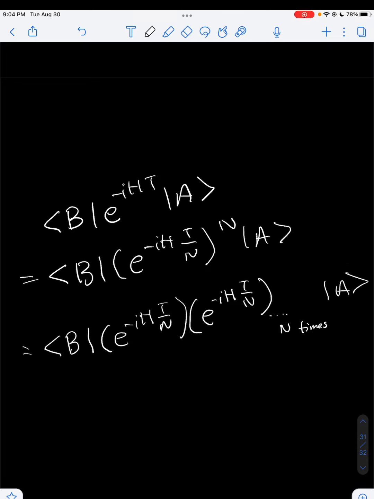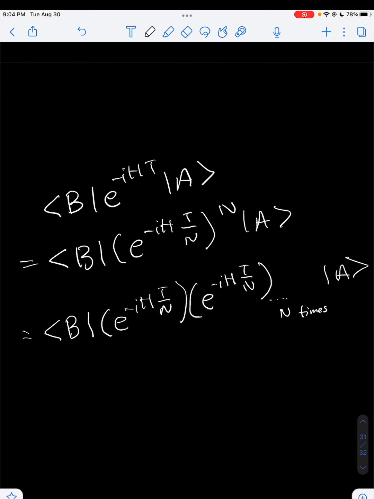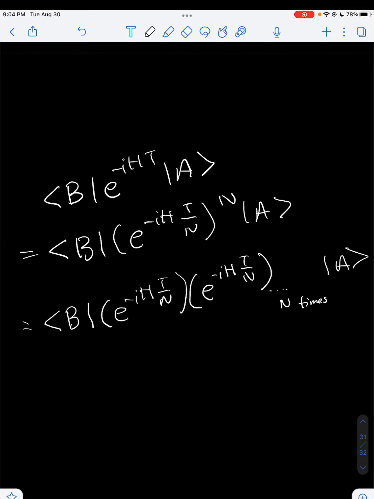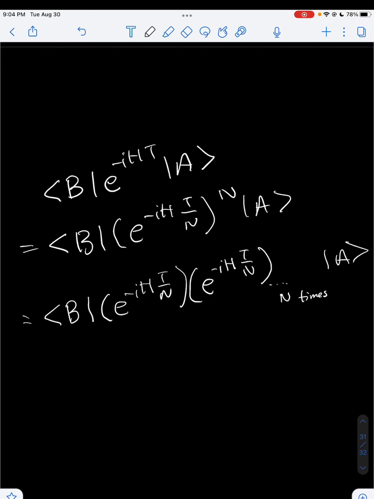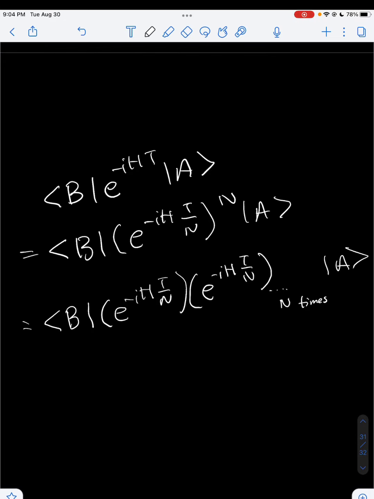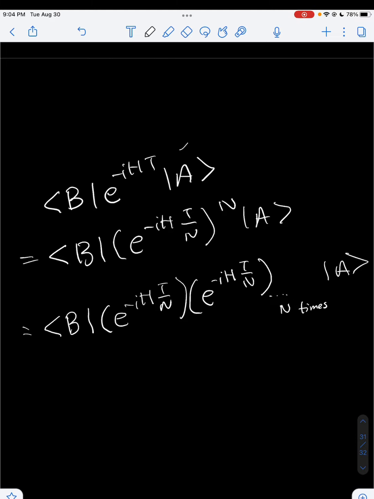So we're basically splitting up time into multiple time slices. So we're just taking time and splitting it up into multiple parts, and we're just multiplying all those parts together to get our OG expression, right? That's all we're doing here.